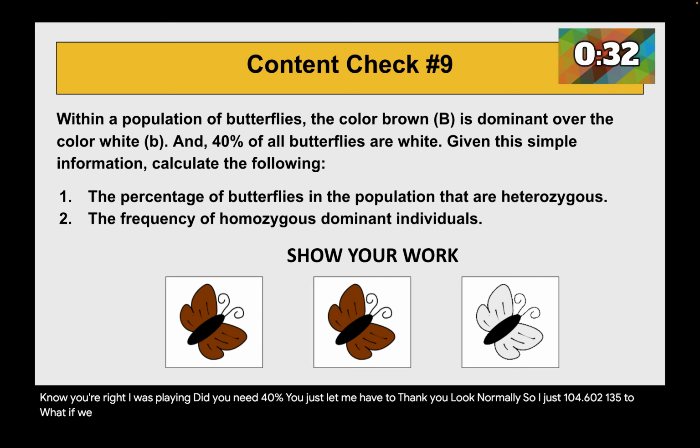Like, I'm wondering if you're doing it. So what if we did 0.135 times 0.632 and then multiply that by 2? I don't get it by 0.135. I'm so lost.